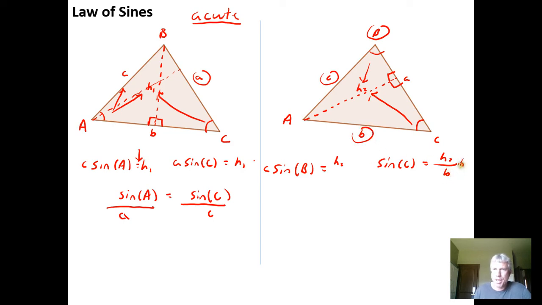Multiply both sides by b, and we get b sine C is height 2, and c sine B is height 2, so they must be equal to each other by the transitive property of equality. So b sine C equals c sine B, and then we divide both sides by, oop, that's a c right there, making mistakes. Always making mistakes.